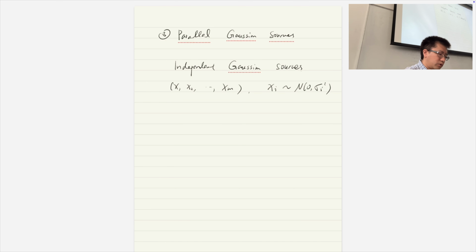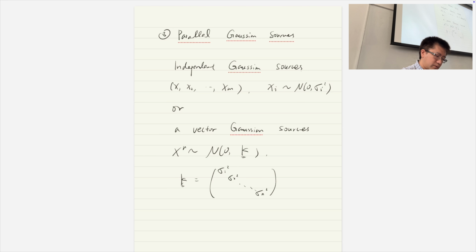So equivalently, we consider a vector of Gaussian sources. X^n follows a Gaussian distribution with 0 and K, where K is the covariance matrix. And K here equals a diagonal matrix: sigma 1 squared, sigma 2 squared, up to sigma n squared, and all 0 elsewhere.